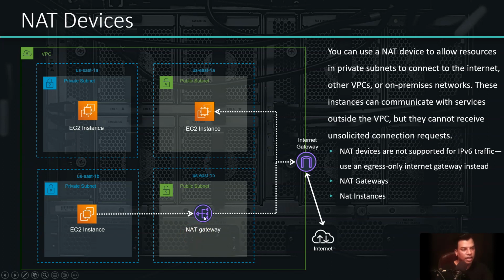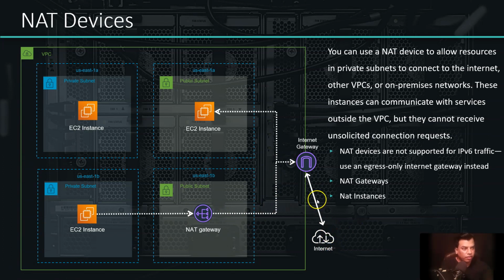What it does by its function is that when a resource is trying to send a request to some resource on the internet, the NAT gateway replaces the IP address of the source with the IP address of the NAT gateway itself before sending that request on the external network.